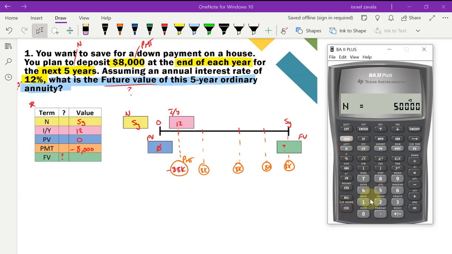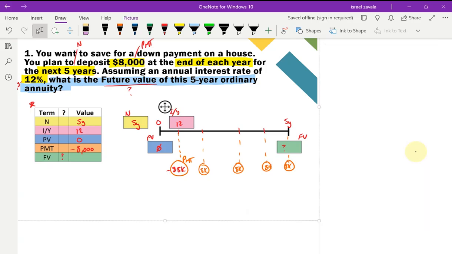The interest rate is 12%. Present value is 0. Payments are negative $8,000. And then we're going to compute our future value. So we have $50,822.78.